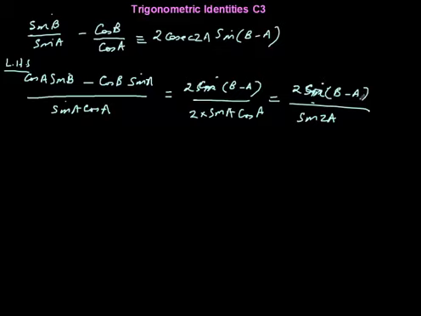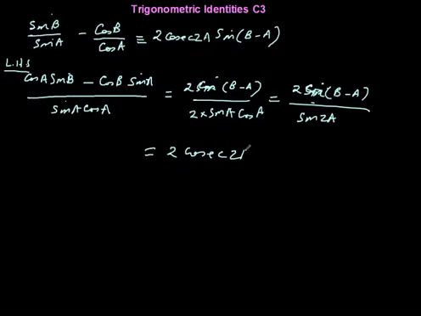So this is 2 sine b minus a. I rushed through it. Now if I look at what I need to prove, cosec 2a, if I take the reciprocal of sine 2a, that will make cosec 2a, and the reciprocal is going to go up in the numerator. So sine 2a can go up to change it into cosec 2a. And the second part is sine of b minus a. That's what we need to prove on the right hand side.